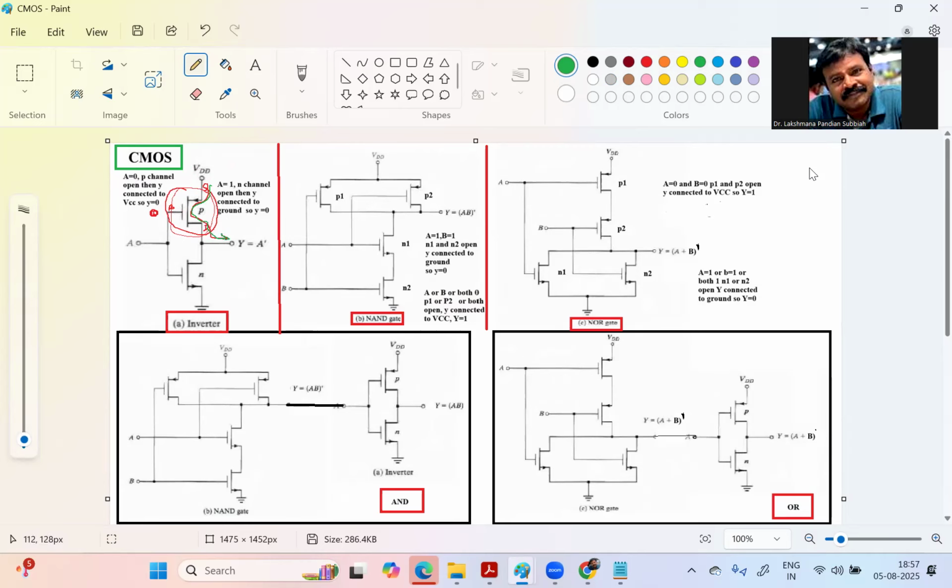If you are applying one, the channel is closed and it will stop. So this is the basic for the P channel.